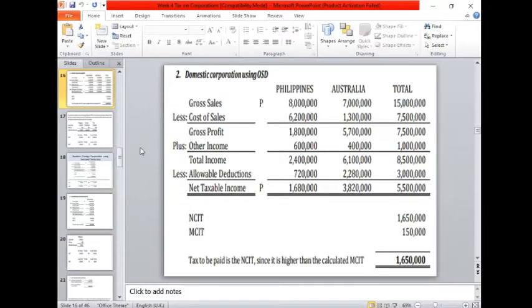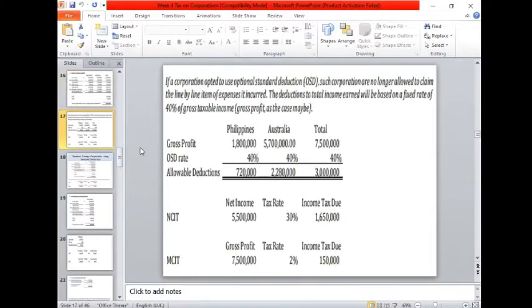And the minimum corporate income tax is 2% of the gross profit, which is 7.5 million, that is 150,000. Since the normal corporate income tax is greater than the minimum corporate income tax, the normal corporate income tax shall apply to pay the tax to the BIR, because that's the higher. This is the computation which I already explained.